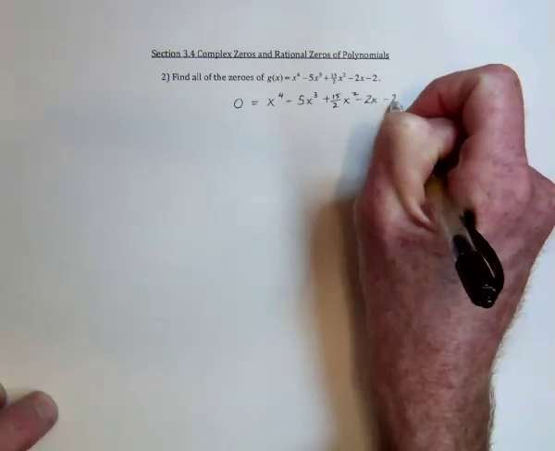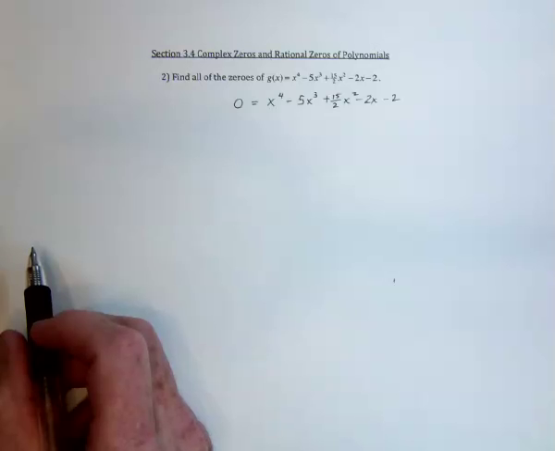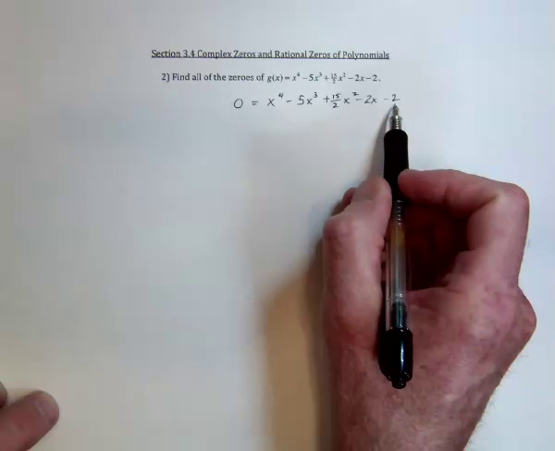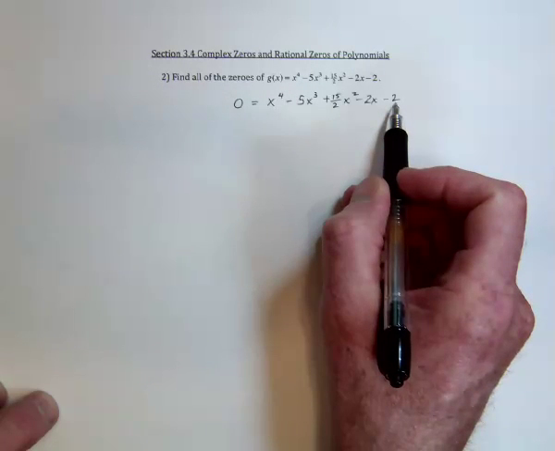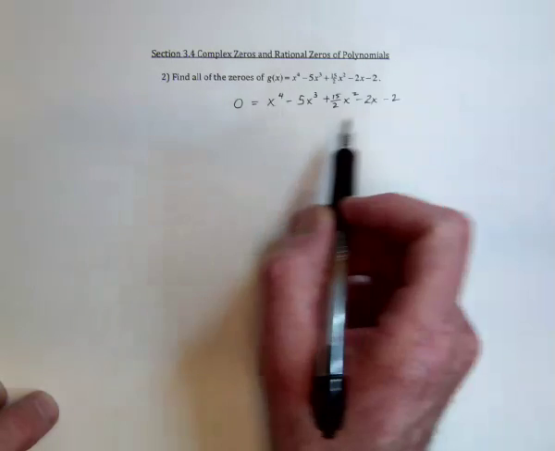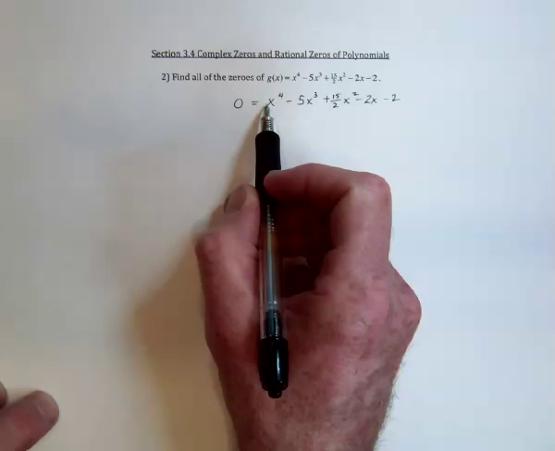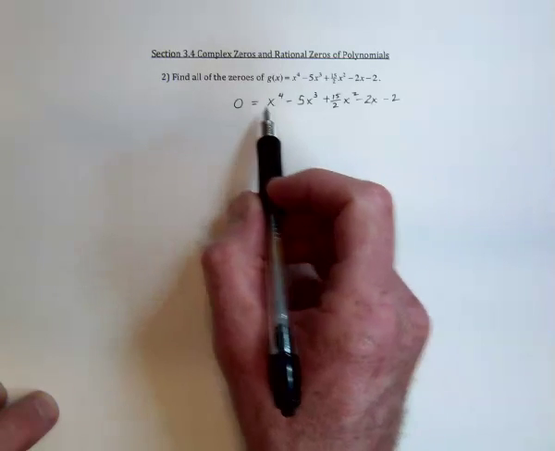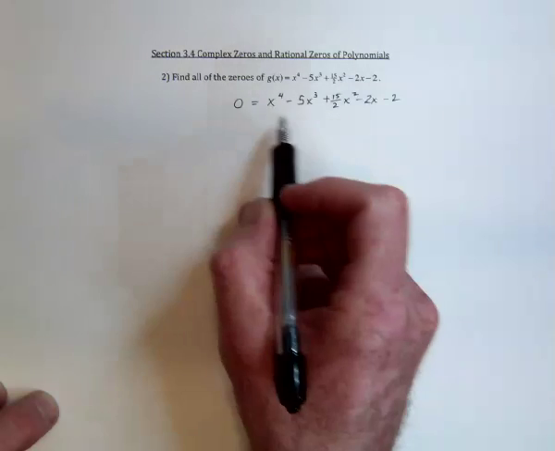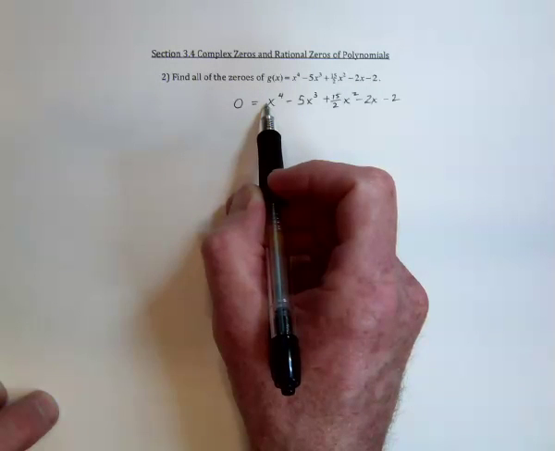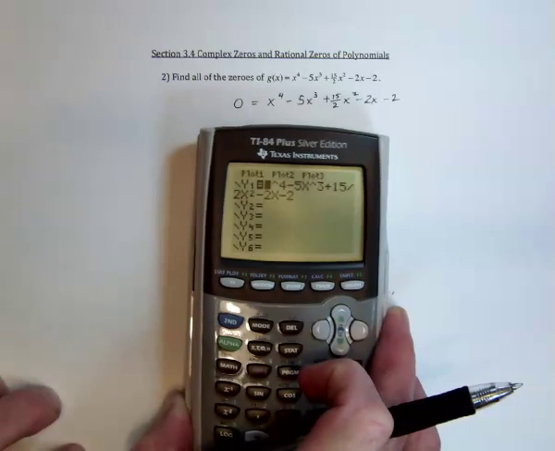And if there are rational zeros, we get that from looking at all the factors of this and all of the factors of this leading coefficient, which is a 1, and divide them. So a 2 divided by a 1 is a possibility, and I'm going to use the graphing calculator.